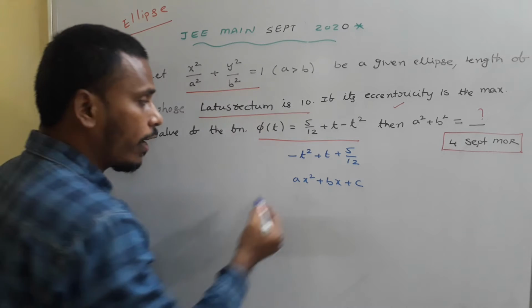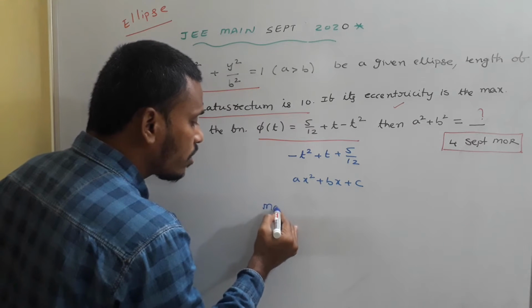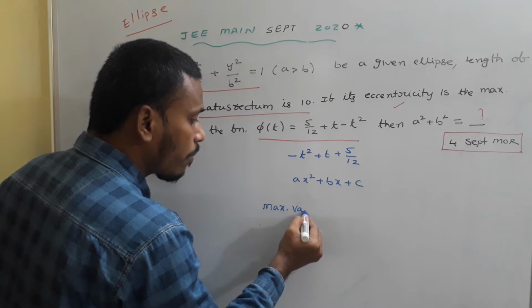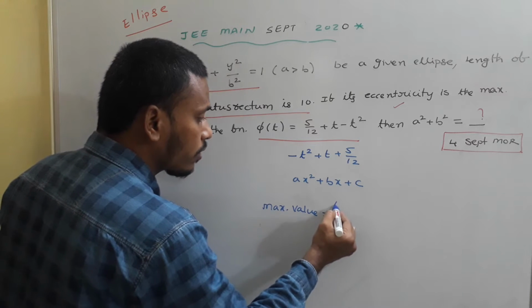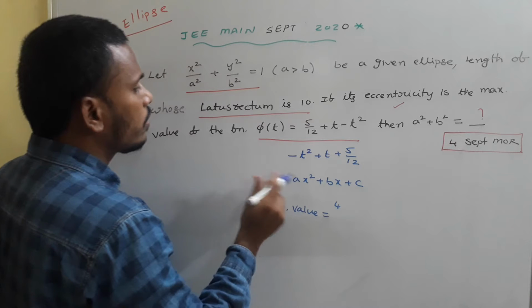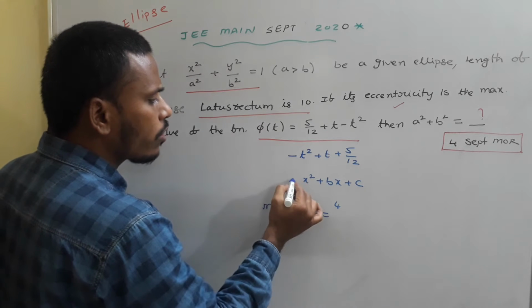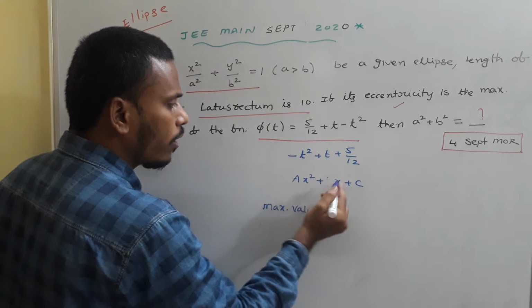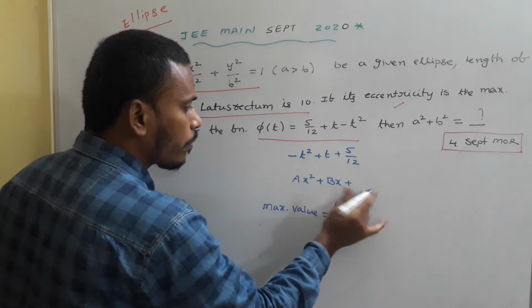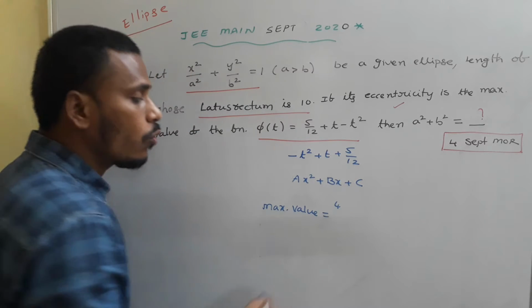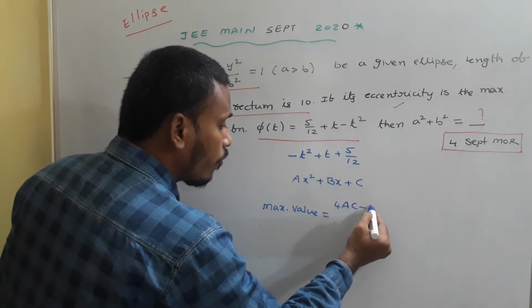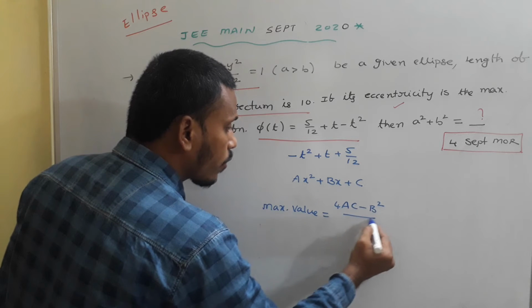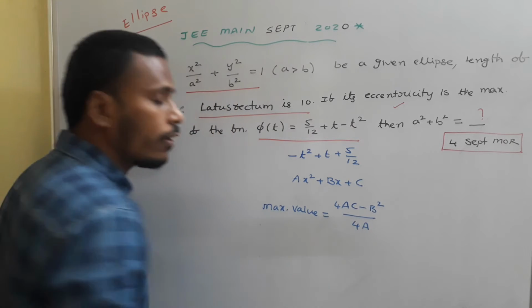That maximum we need to find. To avoid confusion I am using capital A, B, C here: Ax square plus Bx plus C. The maximum value of the quadratic expression is given by 4AC minus B square divided by 4A.